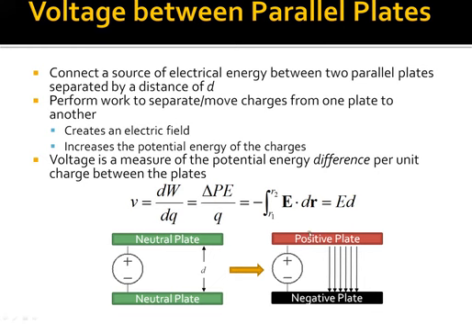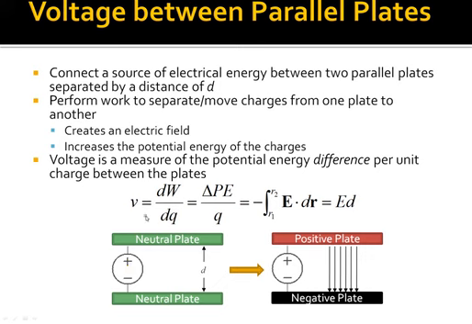So that results in a net positive on the top plate and a net negative on the bottom plate. We're using energy to separate the charges and move them from one plate to another. And the voltage is the measure of the potential energy difference per unit charge between the charges on those plates. How much work has to be done per unit charge to move the electrons from this neutral plate to that one.